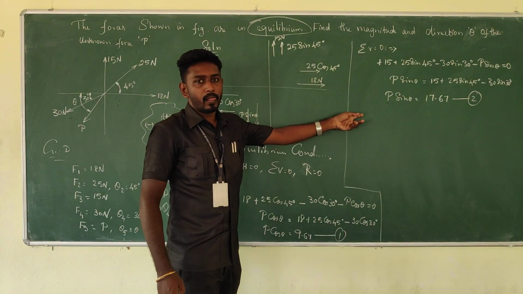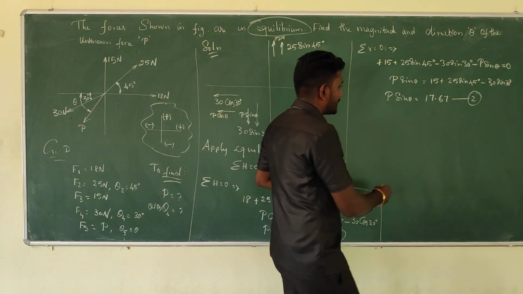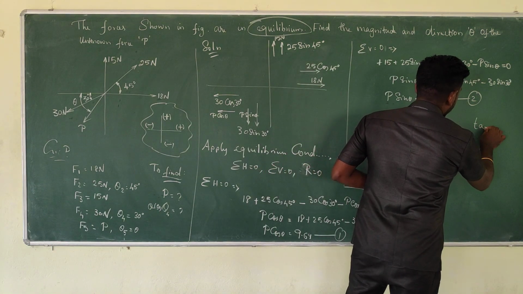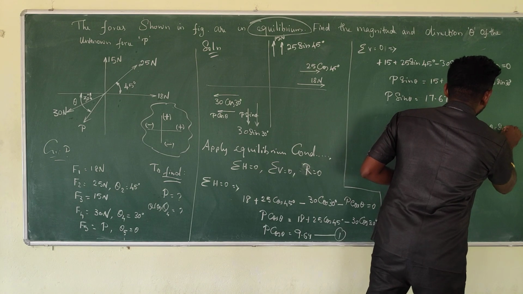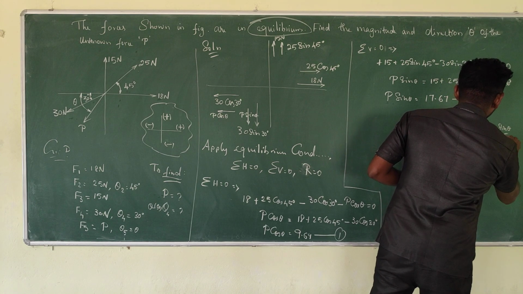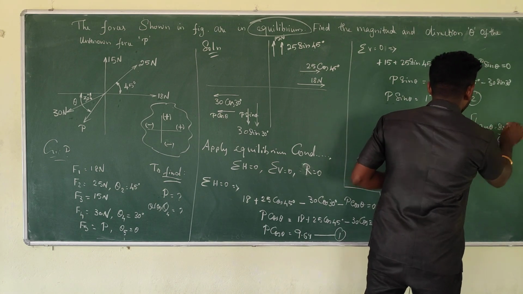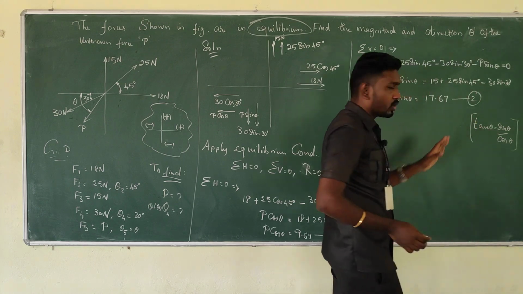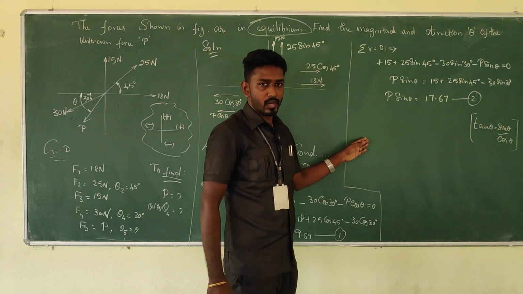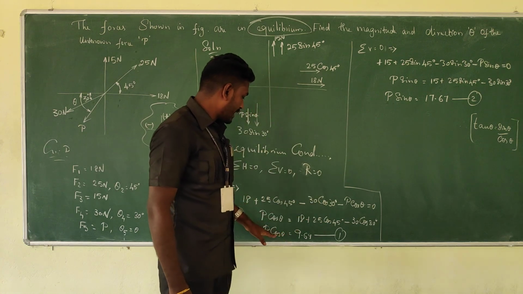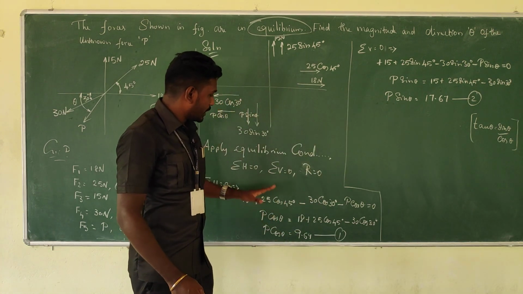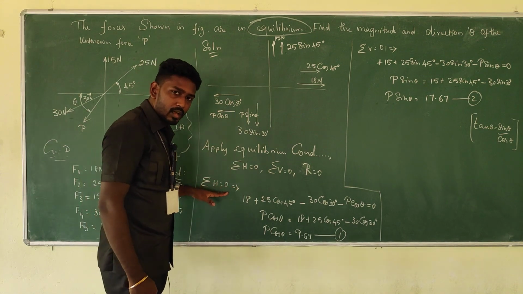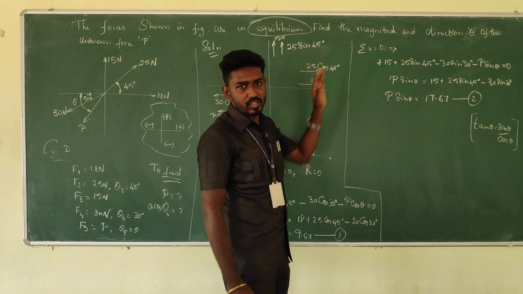We know the tan theta formula. Tan theta is equal to sine theta divided by cos theta. Just keep it in your mind. So there is no way to find the P force and theta directly. We got two equations from summation of H is equal to 0 and summation of V is equal to 0.